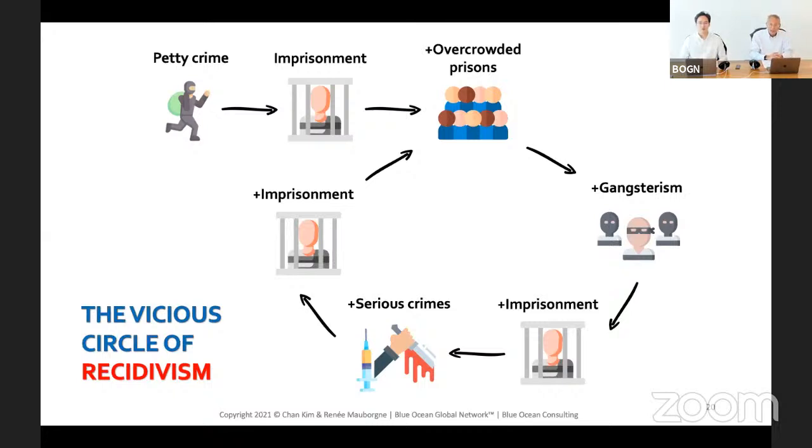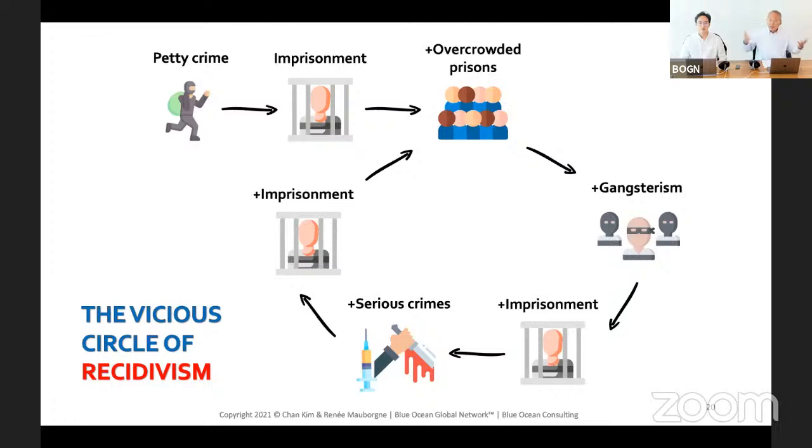When you have somebody who commits petty crime, you throw the person into prison. You should not be throwing him into prison for the purpose of incarceration. You should be throwing him into prison for reform. But because of overcrowded prisons, you actually mix the petty crime prisoner with the hardcore prisoner.